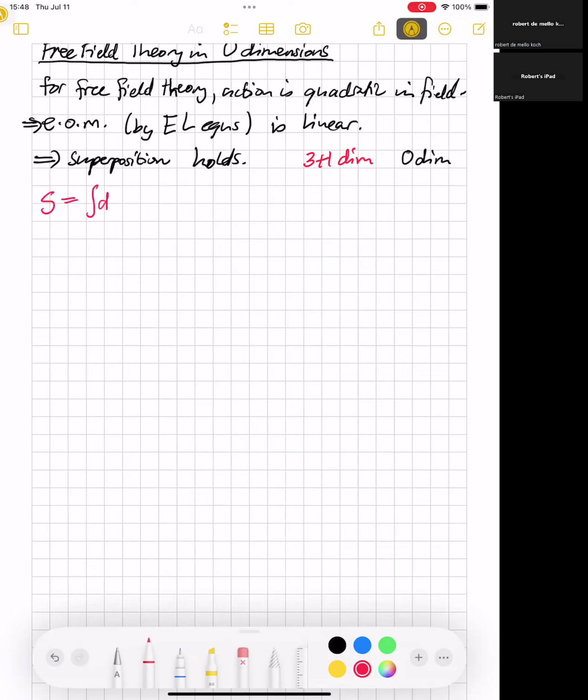It was an integral d4x of 1/2 (d mu phi)^2 minus 1/2 m squared phi squared. And you can see very clearly that things are quadratic in the field. When we come to naught dimensions, then the action will just be alpha over 2 times phi squared. Good.